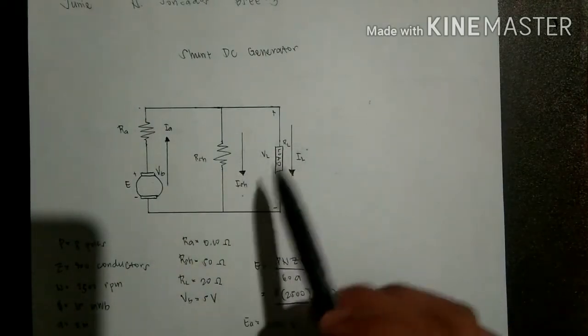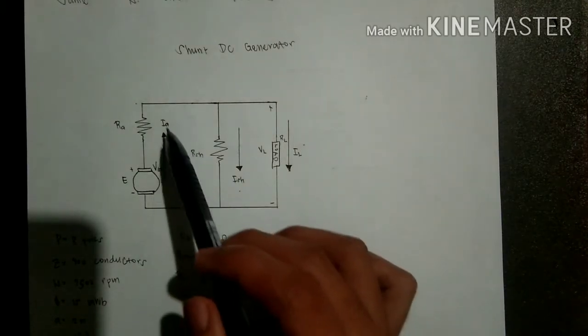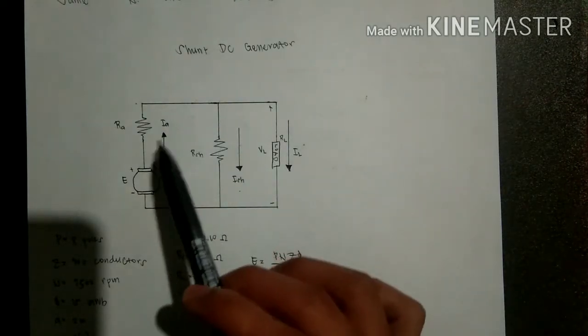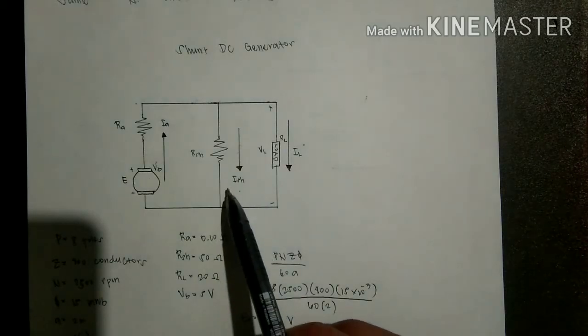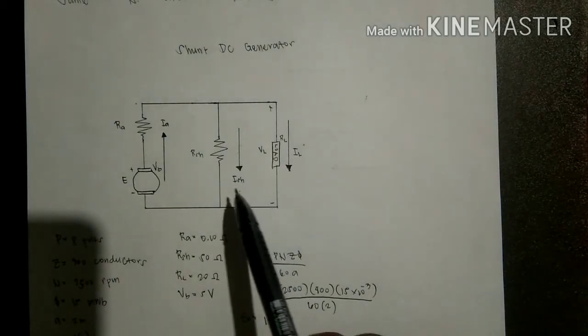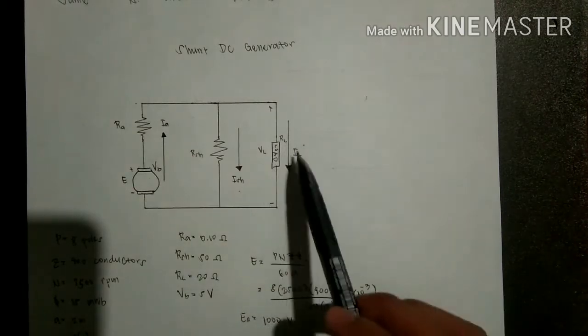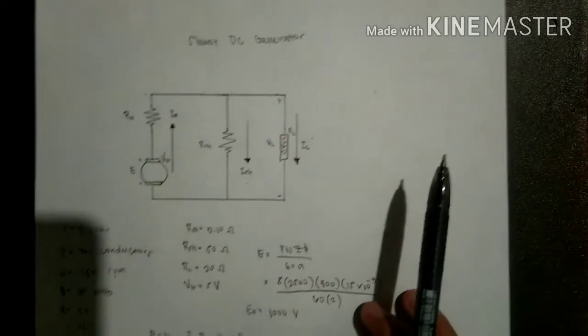In this part, we will calculate the individual currents: the IA, the shunt current, and also the load current. So let's start.